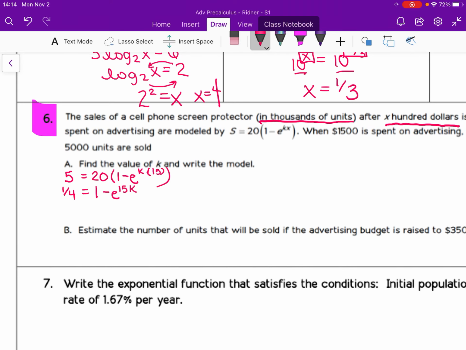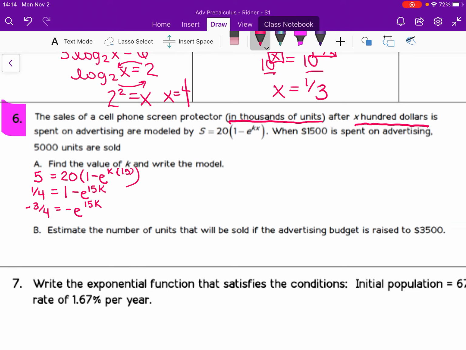Okay. Then I would subtract 1 to get -3/4 equals -e to the 15k. Then I would divide or times, depending who your middle school teacher was, by -1 to get 3/4 equals e to the 15k.